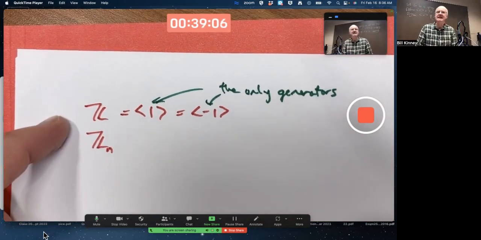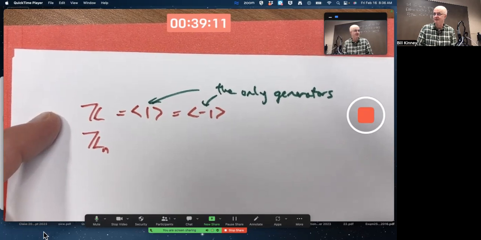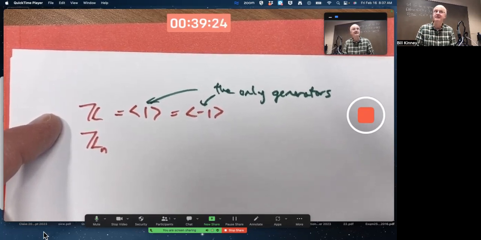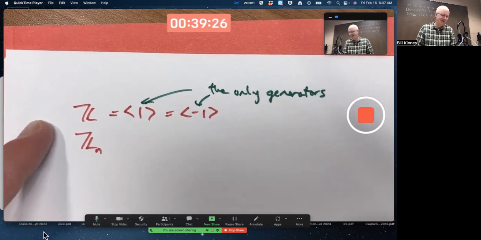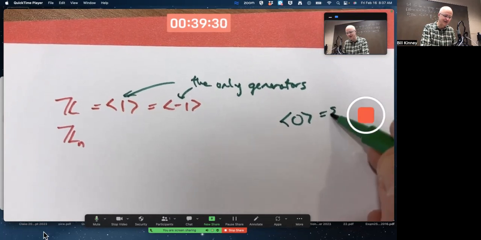You might wonder, does the integers Z have any cyclic subgroups of it that don't equal it? Yeah, it actually has infinitely many cyclic subgroups that don't equal it. Well, there's the trivial one. 0 generates just itself.